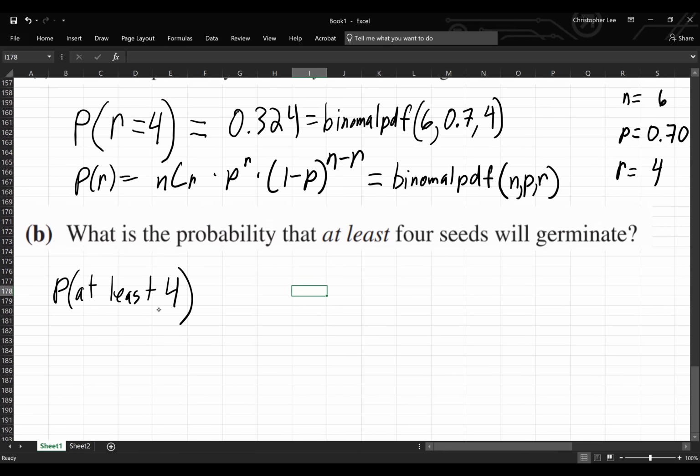Which numbers are at least 4? So you know that n is 6, so I have 7 numbers in total: 0, 1, 2, 3, 4, 5, 6. Out of that set, which numbers are at least 4?